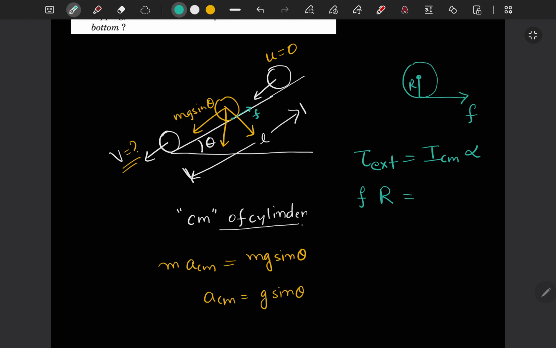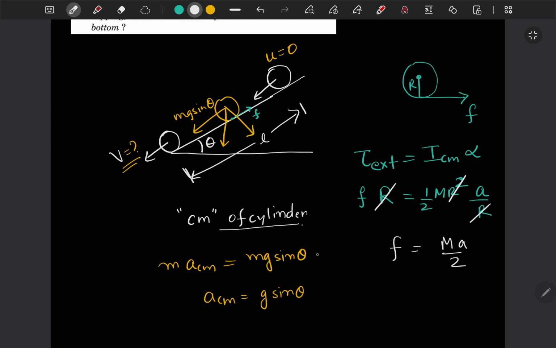So F into r will give me half mr square, which is the moment of inertia for a cylinder, into alpha, and alpha can be written as a by r. The r cancels out, so we get f equals ma by 2.